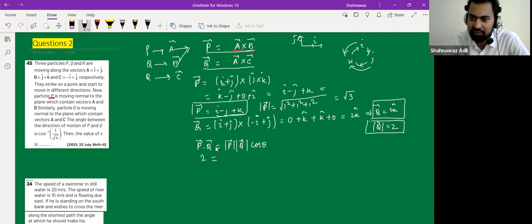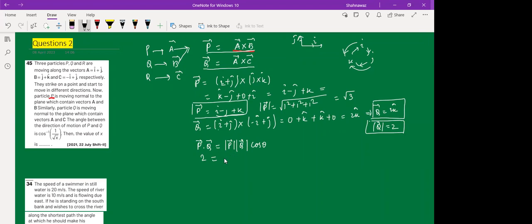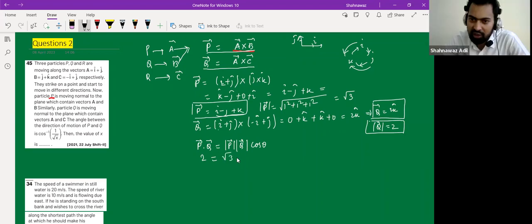Am I correct? Yes, sir. So this is root 3 and this is 2 and this is cos theta.